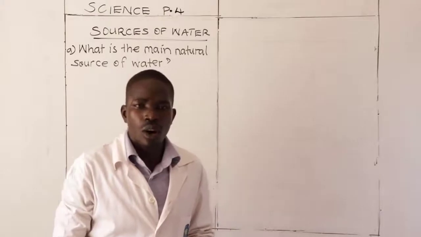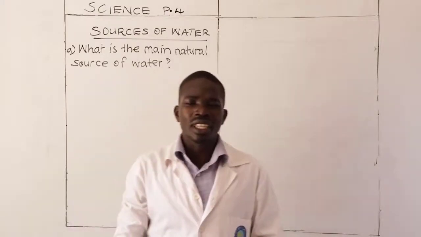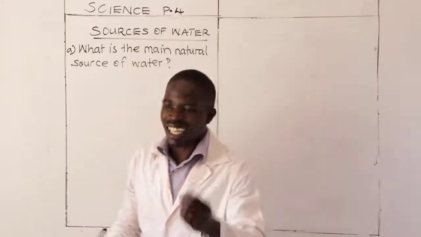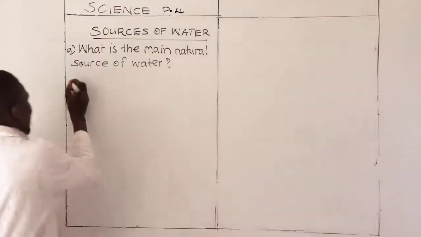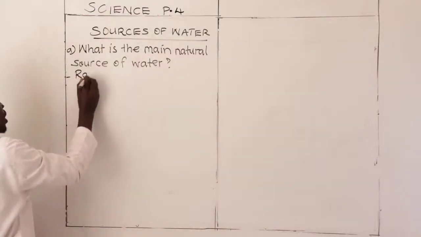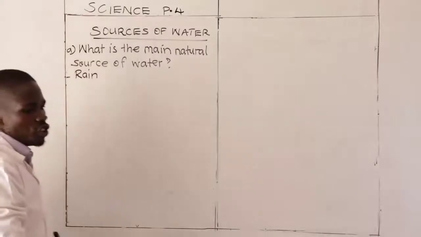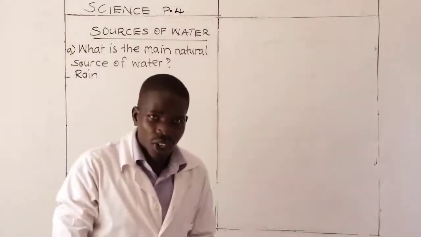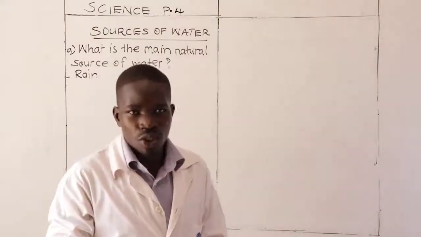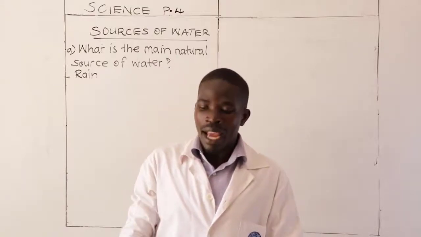Do you know the place where we get water, which is natural? The answer is rain. The main natural source of water is rain. Not rainfall, no. But rain is the main natural source of water.